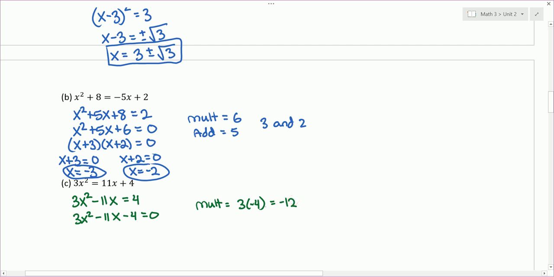So we want to come up with two numbers that multiply to negative 12 and at the same time add to the linear coefficient, the negative 11, the middle term right before the x. So two numbers multiply to negative 12, add to negative 11. What are they? I've got negative 12 and 1.